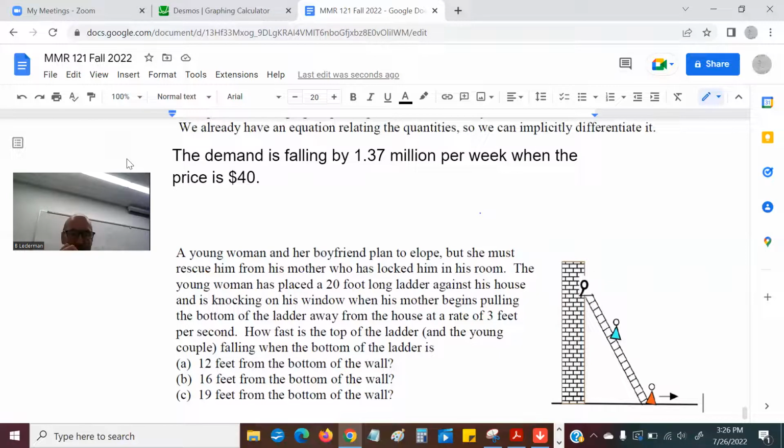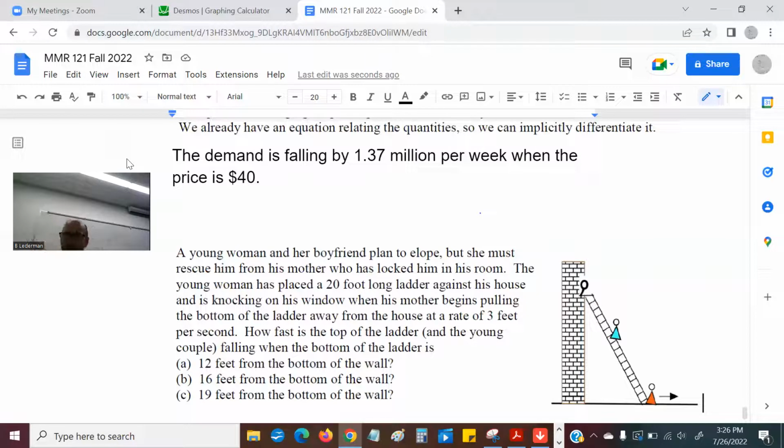I find this very hilarious. So let's work this out here. Let me go to a piece of paper. The ladder is 20 and she's pulling it at 3 feet per second.